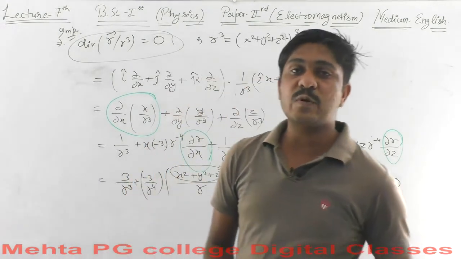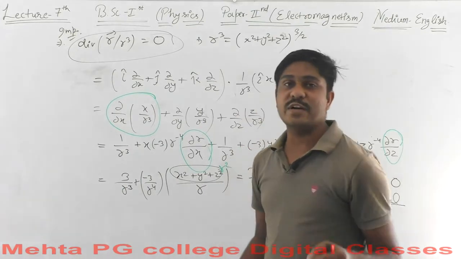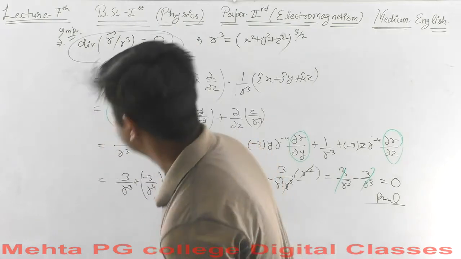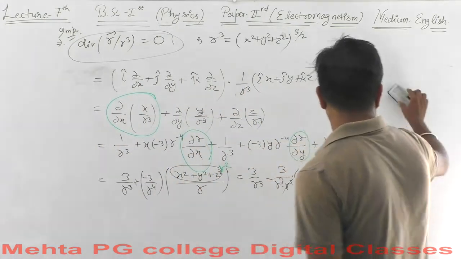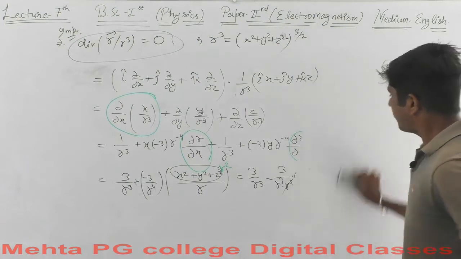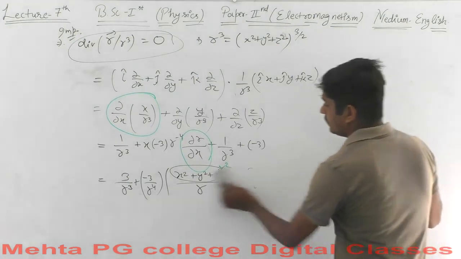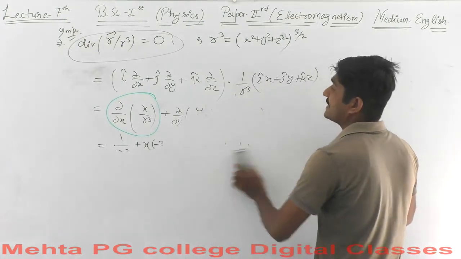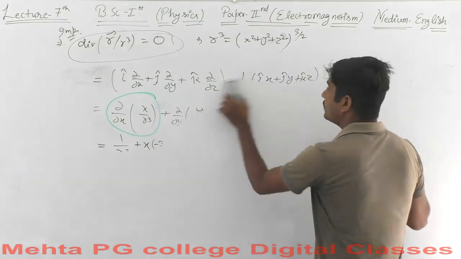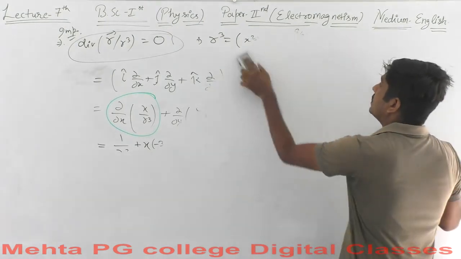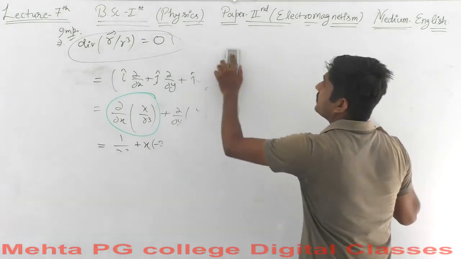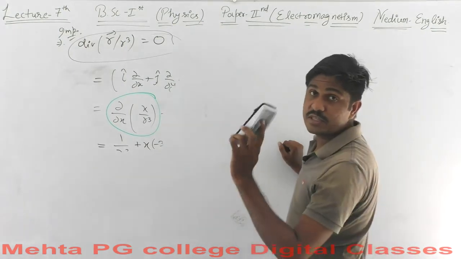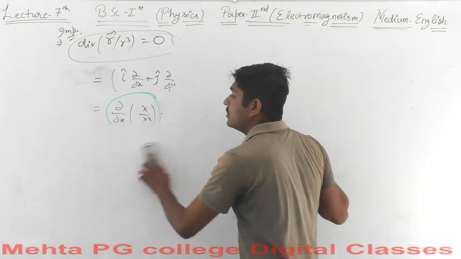Now we will proceed further with the curl of a vector field. How will you calculate curl for a vector field here? If you remember lecture 6 last time, where we talked about calculating the gradient for a scalar function, every time you calculate the gradient for a scalar function, you end up with a vector function.